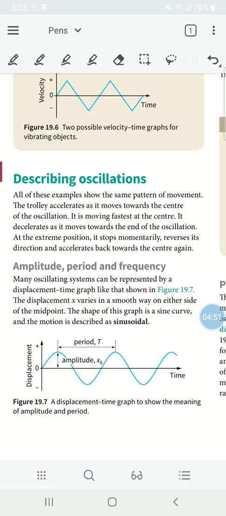It decelerates as it goes to one extreme end, stops momentarily, and accelerates as it comes to the resting position, and this cycle continues to repeat.